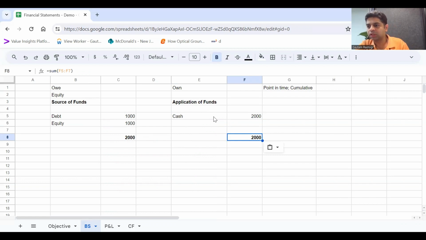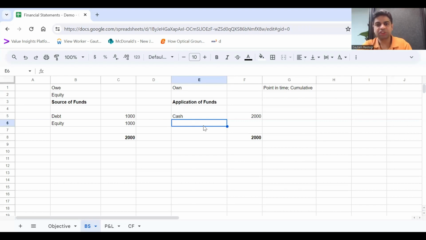Say using a portion of this cash, you decided to buy a piece of machinery because you want to build some products using your machine. So you bought some machinery. Again, that's an asset. You purchase $1,000 worth of machinery.